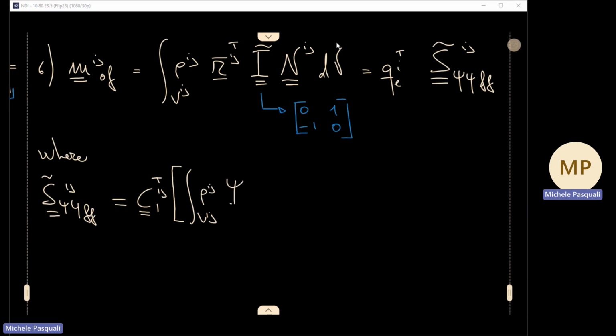Here we have psi ij transposed. The difference from the previous definitions is that here now we have this I tilde. That's why the tilde. Ij, the V. And then everything multiplied times C1 Ij.